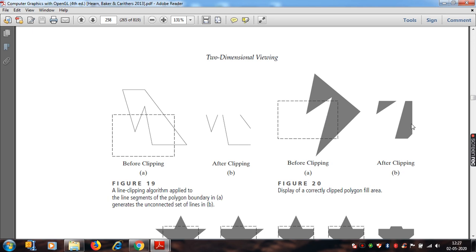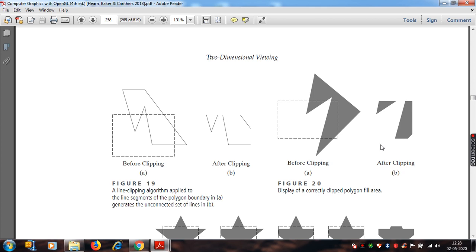When you clip a polygon, what I should get is a polygon, no matter whether it is concave, convex, or whatever. The output should also have a closed boundary. Understand? Here it is not producing a closed boundary. I have to develop an algorithm which overcomes these shortcomings. This is a polygon, I apply my clipping algorithm on it, and it will give exactly this kind of output. This is what is expected.